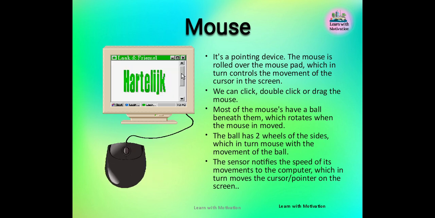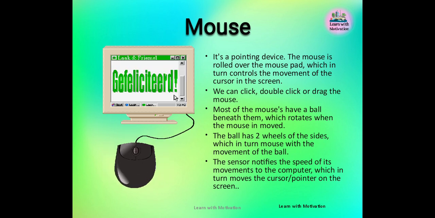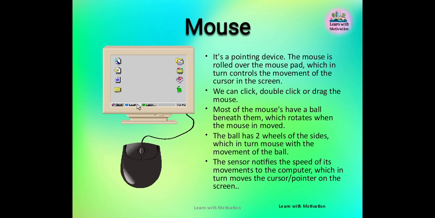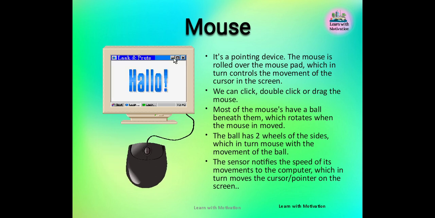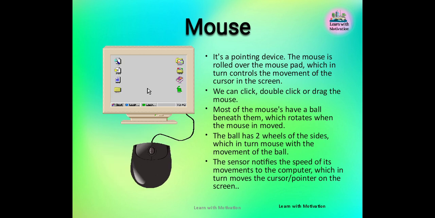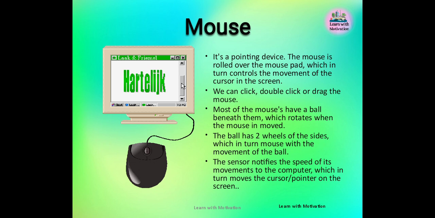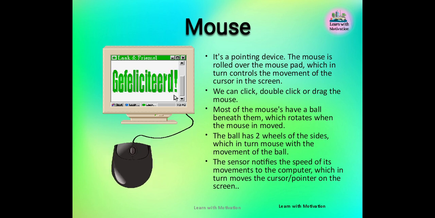The sensor notifies the computer of the speed of its movement, which in turn moves the cursor pointer on the screen. Basically, we can divide the mouse into two parts. First is with wire, which is called optical mouse, and second is the wireless mouse.